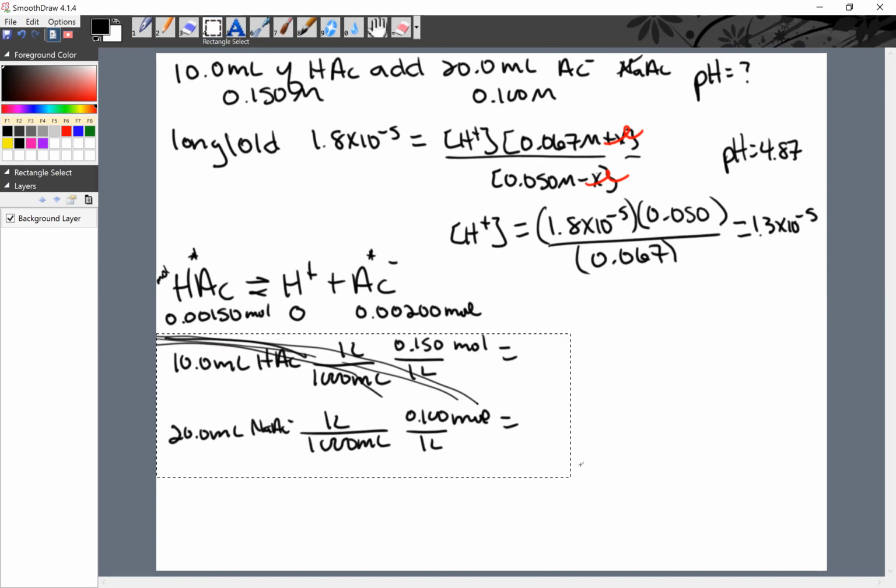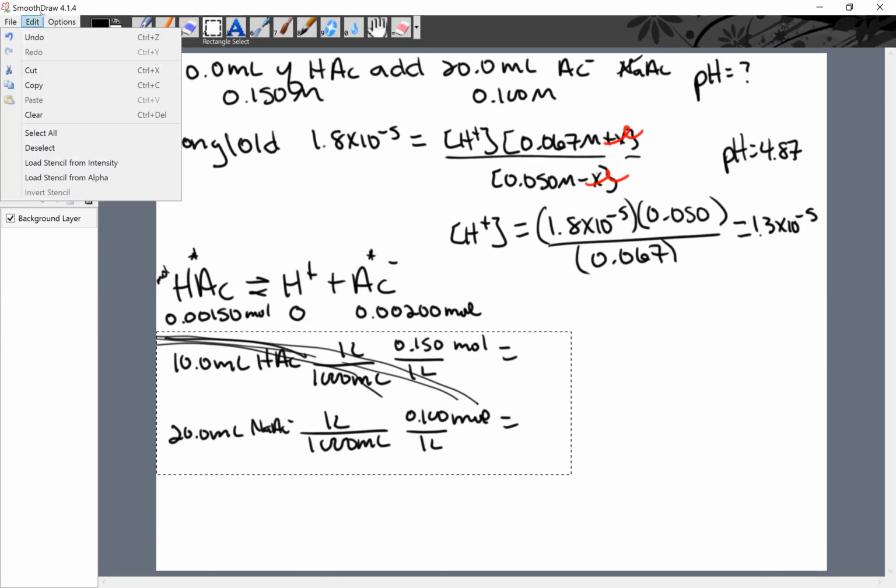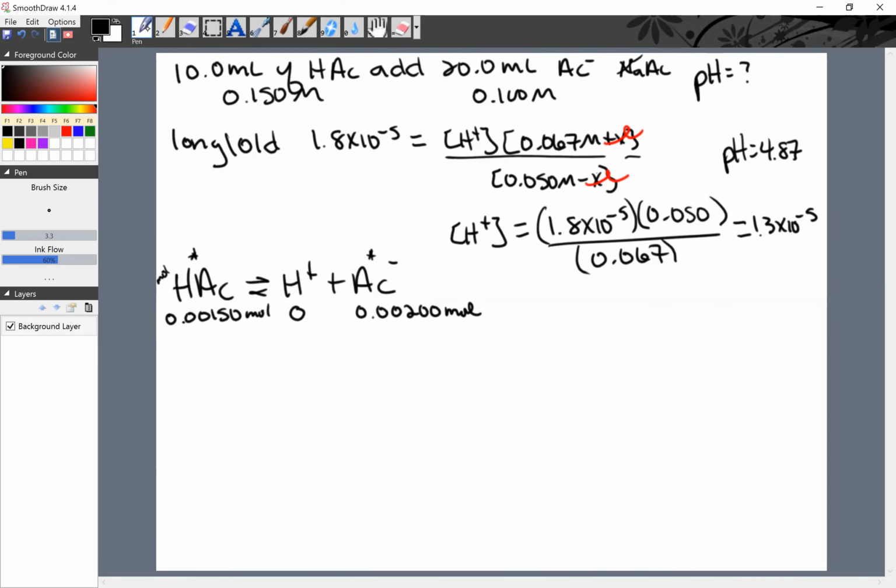Now I can finish my ICE table. So minus x, x, x, and 0.00150 and 0.00200. And I can plug that in, and I'm going to get the exact same answer.